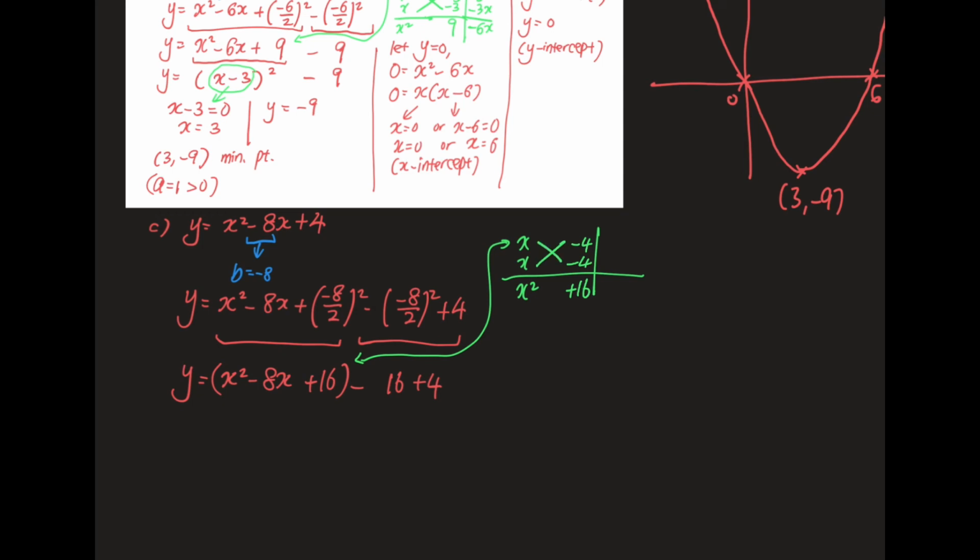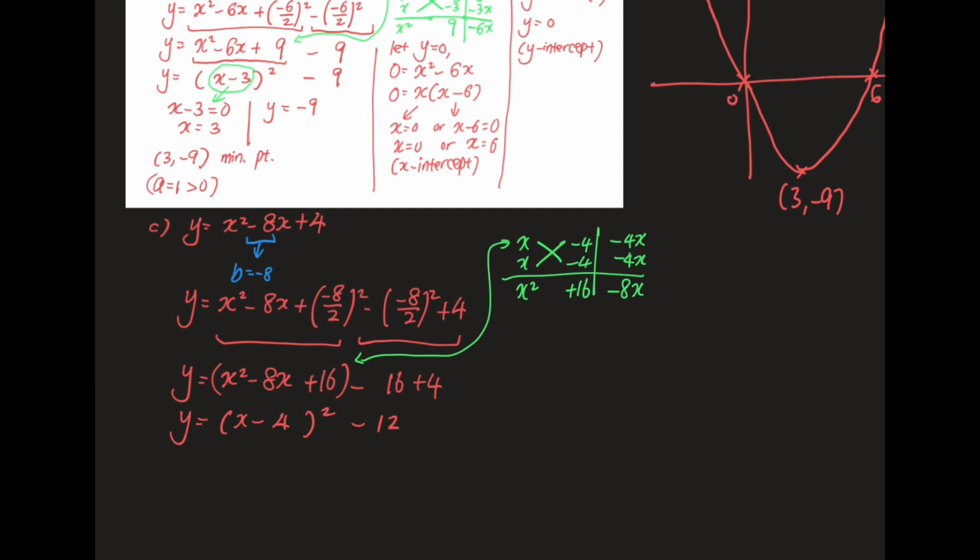Cross, cross. Minus 4x, minus 4x. When you add them up, you get minus 8x. So we get (x minus 4) squared. And then the last two terms, minus 16 plus 4 is minus 12.